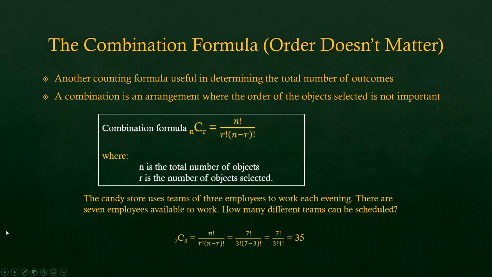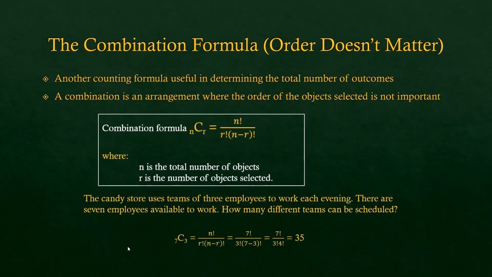And so we have 7 combination 3, if you will, which equals, here's the formula, 7 factorial over 3 factorial multiplied by 7 minus 3 factorial, or if you work all this out, 7 factorial over 3 factorial multiplied by 4 factorial.